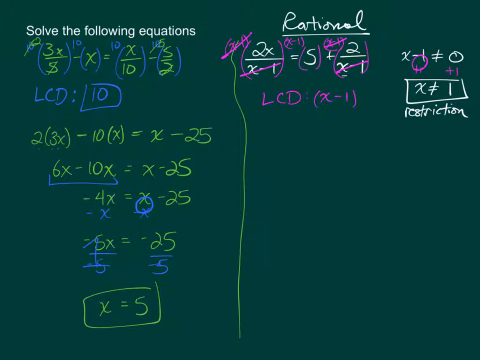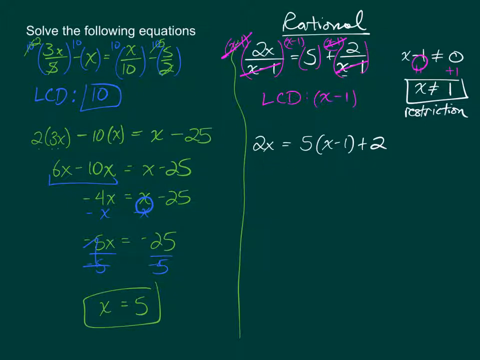So we're left with 2x on the left equals 5 times x minus 1, because that's what's being multiplied here, plus 2. The x minus 1 is not here anymore, so we're just left with 2. So this equation, again, looks a lot nicer, a lot easier to solve than this one.